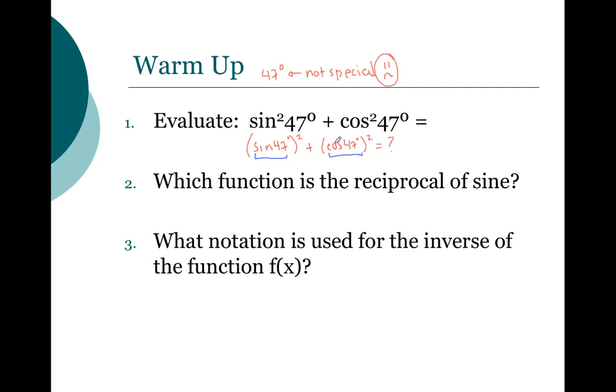Maybe grab your calculator, check the mode, make sure it's in degrees, and go ahead and say, well, sine of 47 squared, make sure you're not squaring the 47, make sure you're squaring the sine of 47, plus the cosine of 47 squared. Oh my God, I got 1.